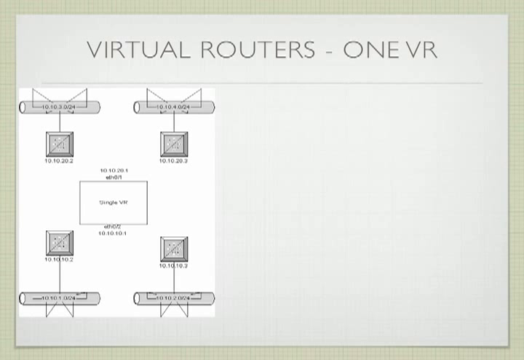We have two interfaces configured on our ScreenOS device. So the box that says single VR is our ScreenOS device. The other four routers on here are external routers that are available as destinations for ScreenOS.